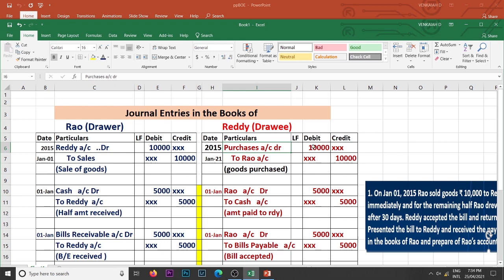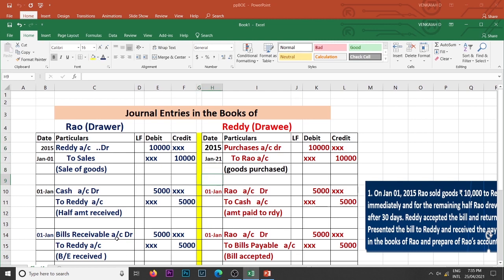Reddy purchased goods for 10,000 and paid 5,000 immediately. For the remaining 5,000, he said he will accept a bill with a duration of 1 month.